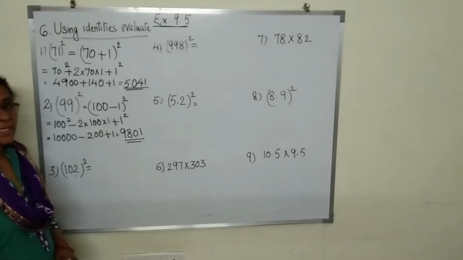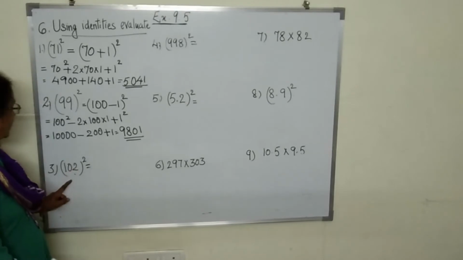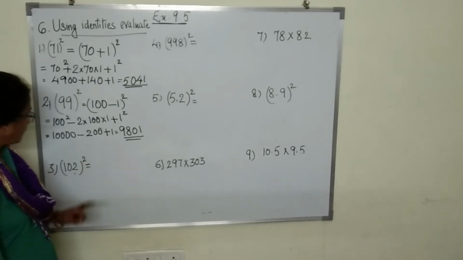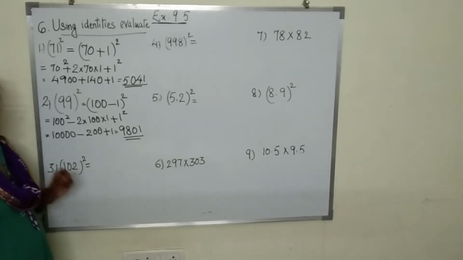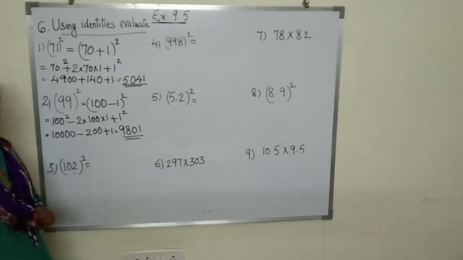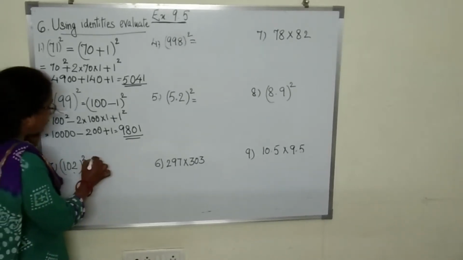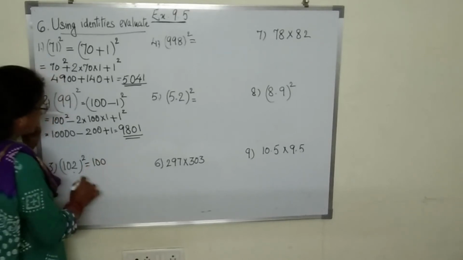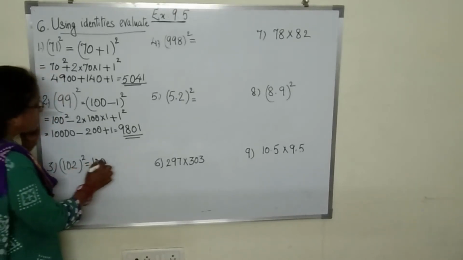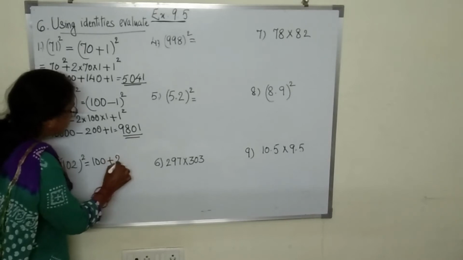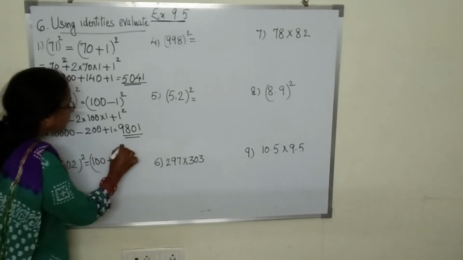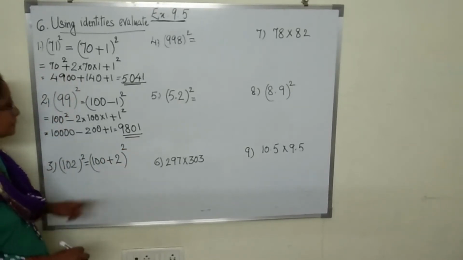So 9,801. The third question is 102 whole square. Which is the 0 ending number nearer to 102? 100. And how will you write 102? (100 plus 2) whole square.